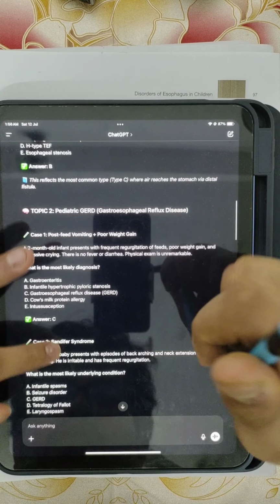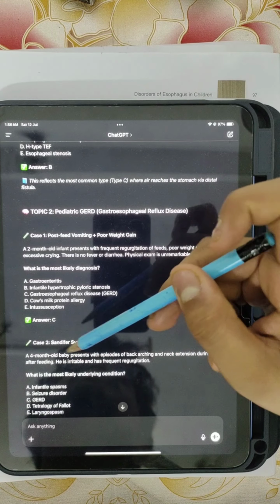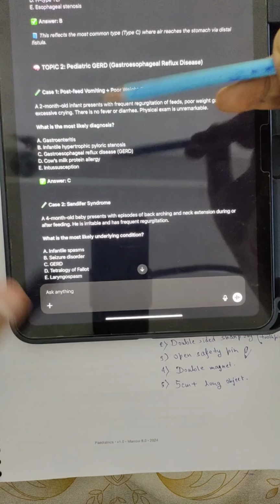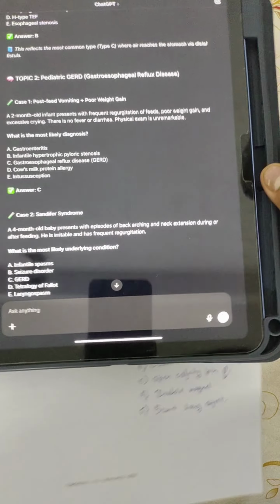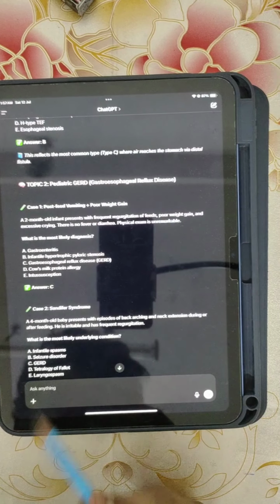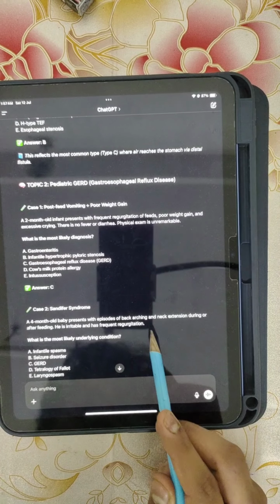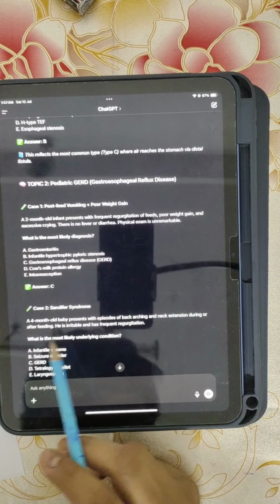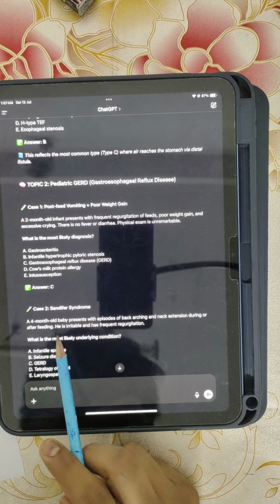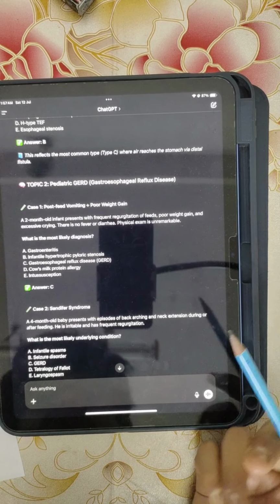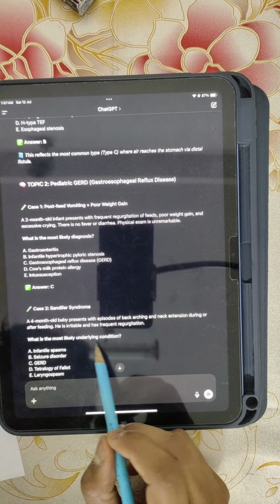Next, a 4-month-old baby presents with episodes of back arching and neck extension during or after feeding. He is irritable and has frequent regurgitation. So what is the most likely underlying condition?